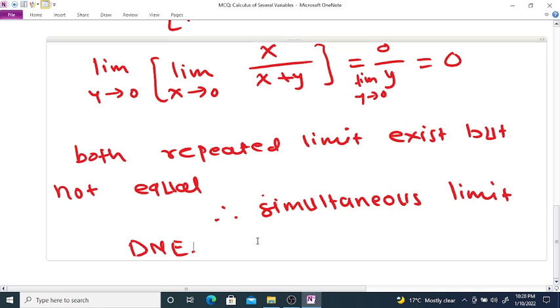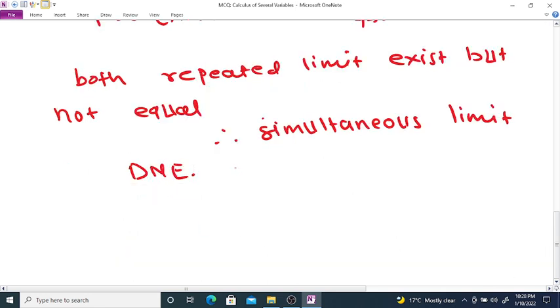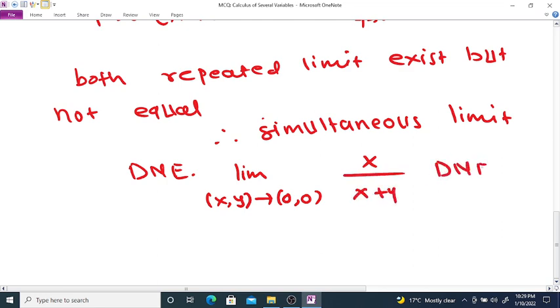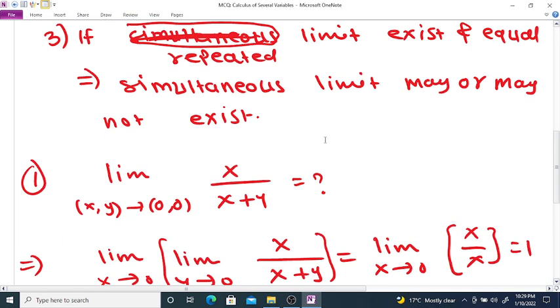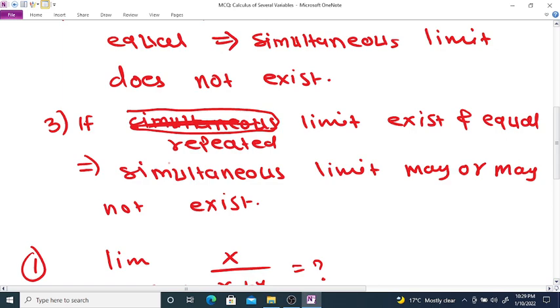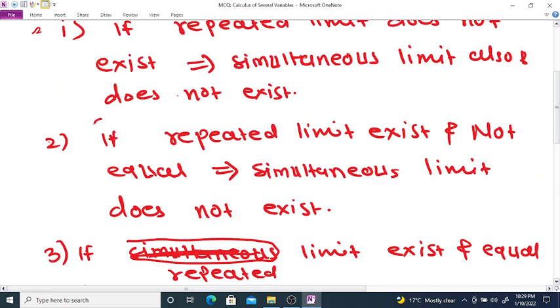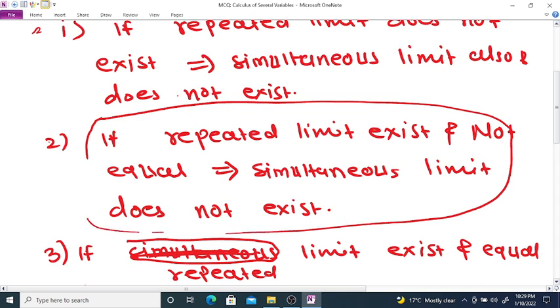That is, we can say that the limit as (x, y) tends to (0, 0) of x divided by x plus y does not exist. This is case number 2: if the repeated limits exist but are not equal, then the simultaneous limit does not exist.